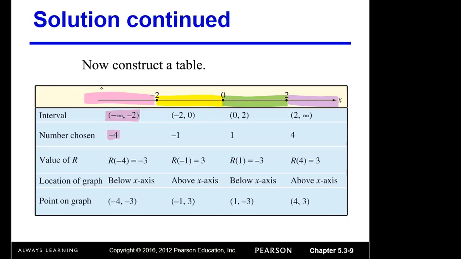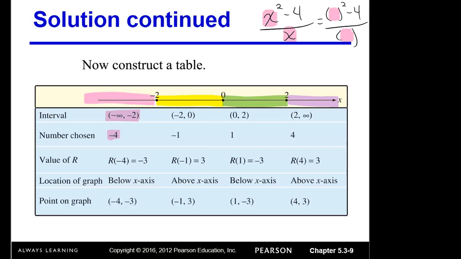Now, what was the original function? It was x squared minus 4 over x, right? For each one of these problems, they take whatever number they pick and stick it where the x is.